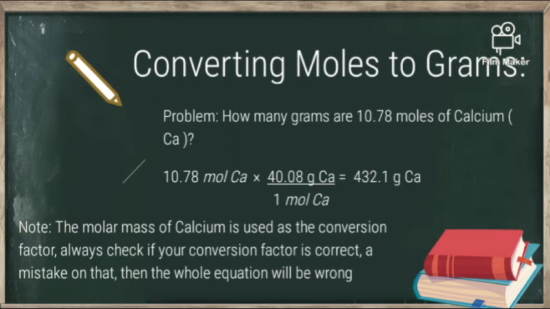The moles of calcium cancel out, and we're left with 10.78 times 40.08 grams of calcium. If we multiply that, the answer is going to be 432.1 grams of calcium. Okay, so it's just that.